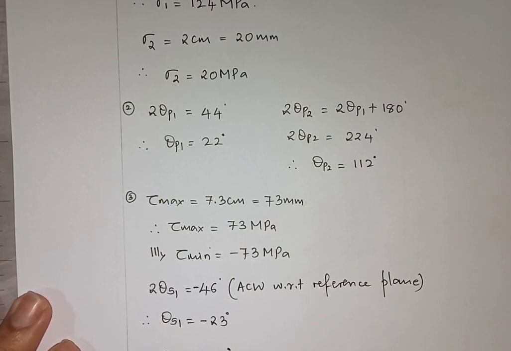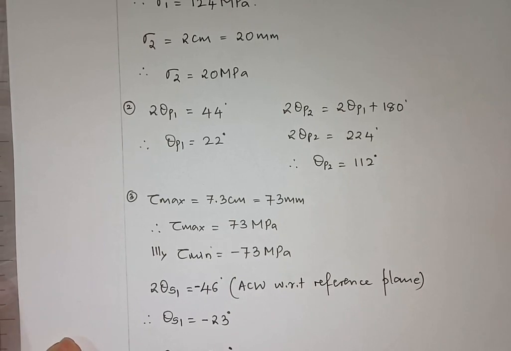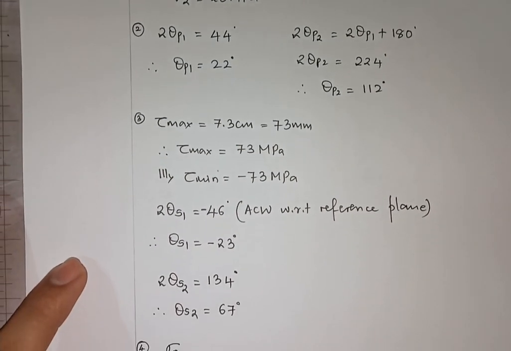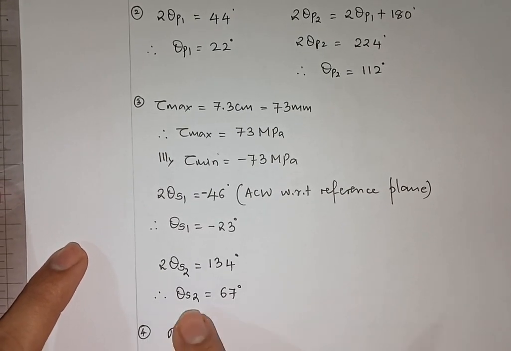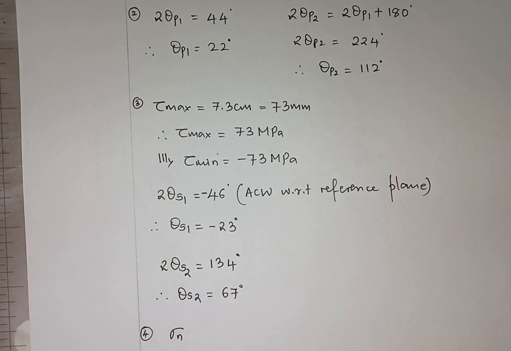Next I need to find out sigma n and tau on the oblique plane. So in order to find sigma n and tau, once again I need to go for the Mohr circle and measure things, right? So here theta s2 is coming out to be 67 because 2 theta s2 was 134. Now I am going for measuring of sigma n and tau on the oblique plane. So once again I'll get back to my Mohr circle.